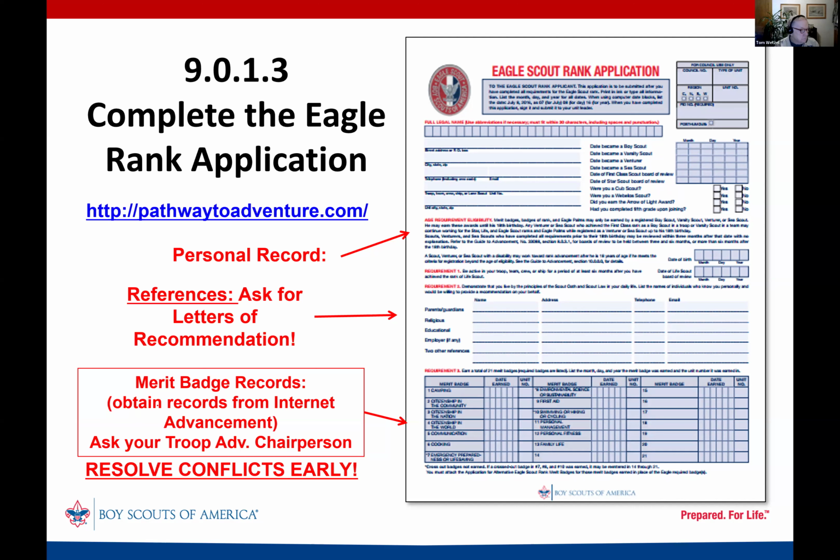One thing is that if you're going through here, look through this stuff and verify that you have the dates correct and that you know which merit badges you've completed. I know one scout in my troop, three and a half months out from when that scout turned 18, who realized they hadn't completed one of the required merit badges yet.